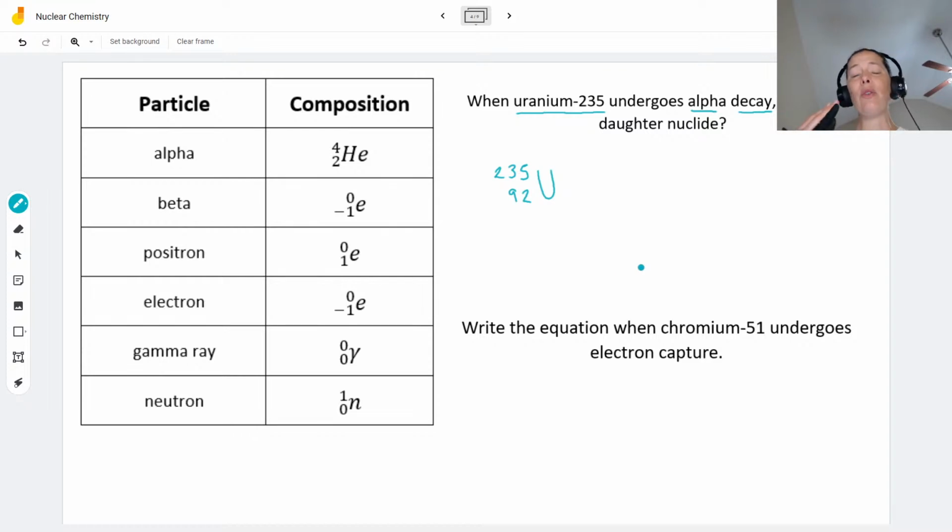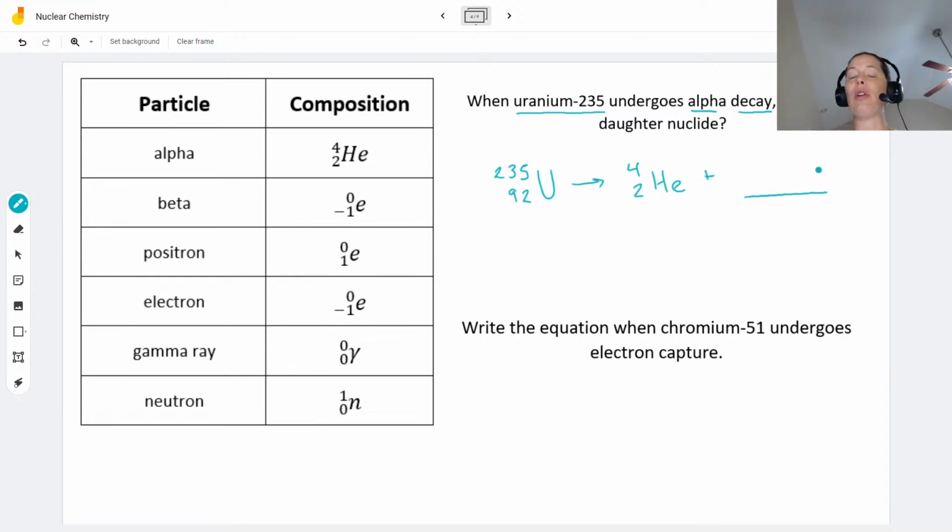Okay, so it is going to, again, undergo alpha decay. So I need to now go to products. All right, so my alpha particle is given to me right here. It's just a helium atom. So I'm just going to copy that down. Here is my alpha particle. So now what I need to know is what else do I have right here?